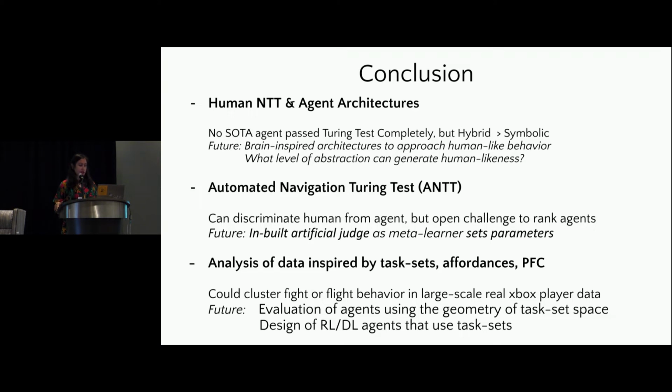And when we analyzed the gameplay data of humans using task set, affordance, and PFC-inspired concepts, we found that we could cluster fight or flight behavior at very large scale, tens of thousands of games. And in the future, we would love to evaluate these agents using geometry of task set space and design RL and deep learning agents that use task sets as a concept instead of being chained to the notion of policies and options, which are environment specific and not as generalizable.